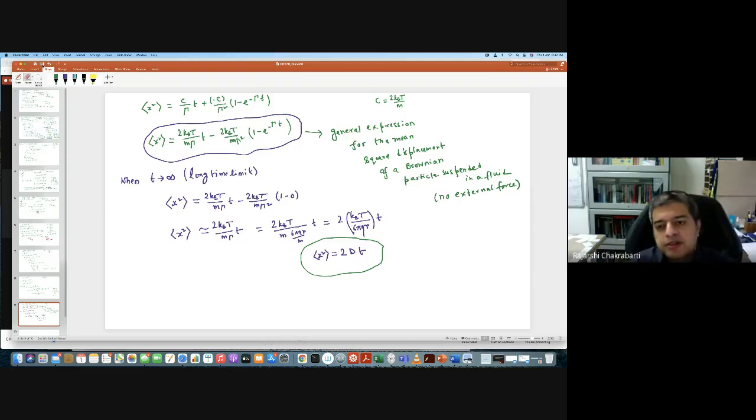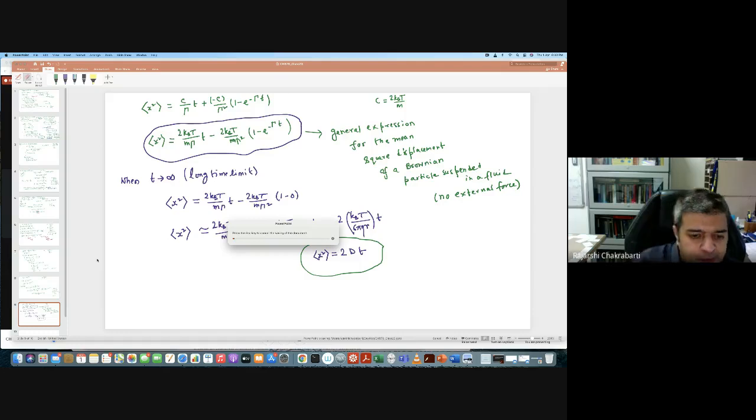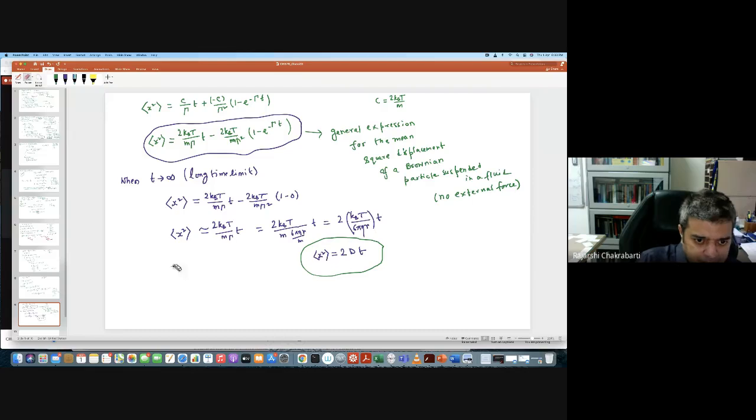We'll talk about it later, but we can do one more thing. You can look at what happens in the short time limit. Can anyone tell me what happens when the time is very short? What should you do to this expression?